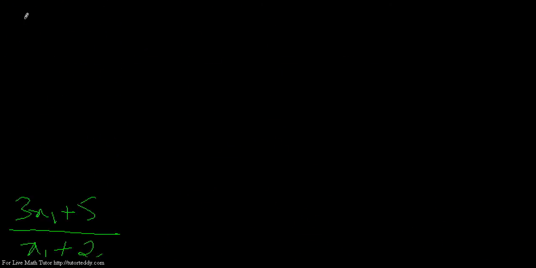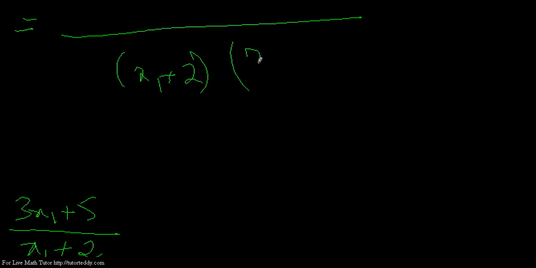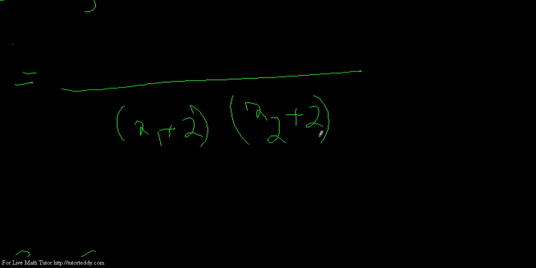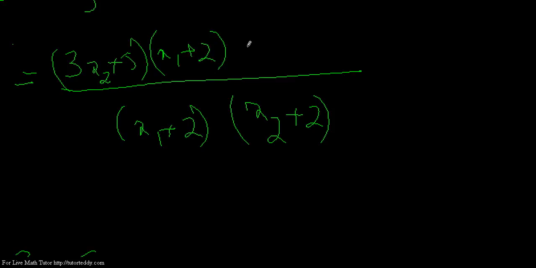So if I take (x1 + 2) into (x2 + 2) as the LCM, above we have (3x2 + 5) into (x1 + 2) minus (3x1 + 5) into (x2 + 2).